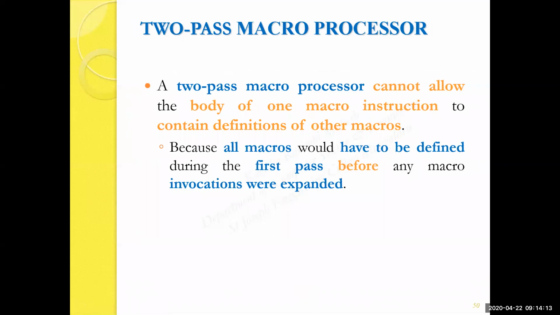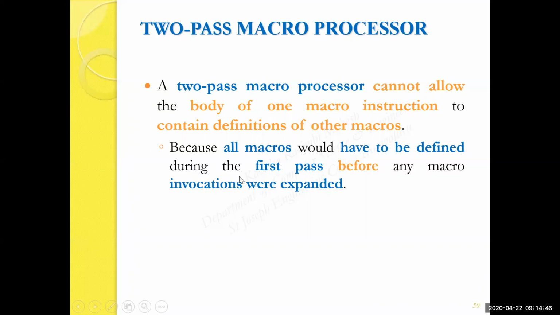So this means that in a two-pass macroprocessor, as I mentioned earlier, all macros have to be defined in pass 1 and all expansions will be done in pass 2. So what happens with nested macros in a two-pass macroprocessor is, unless the outer macro is expanded, the inner macros are not defined. Since the expansion happens in the second pass, inner macros will never be defined.